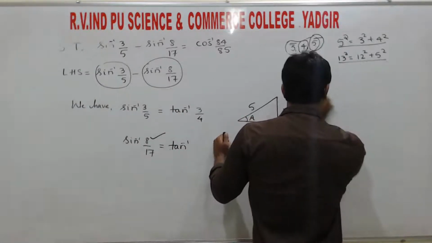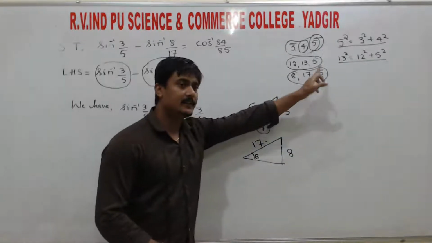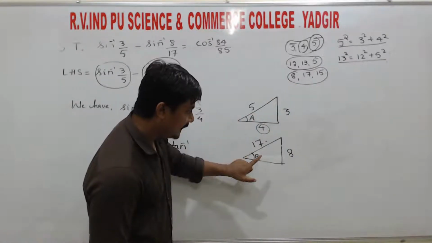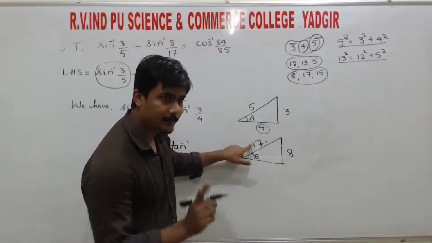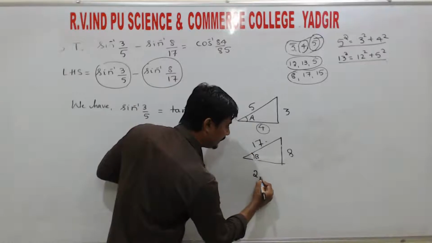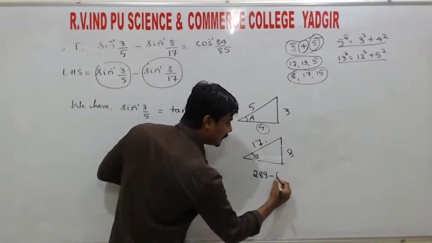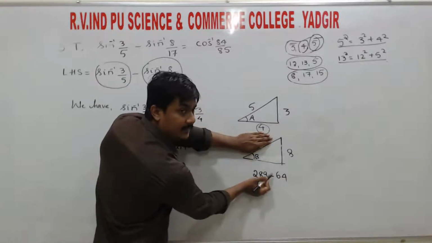Now observe. Suppose you do not remember this triplet. What has to be done in that case? Since you want a side length other than the hypotenuse, you need to subtract their squares: 17 square 289 minus 8 square 64. If you want the hypotenuse, you need to use a plus sign here.